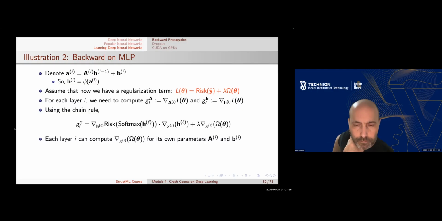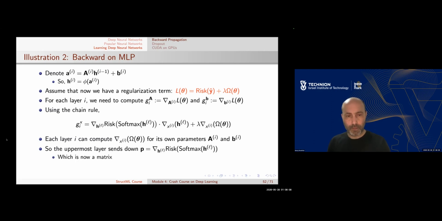Regarding the regularization, it doesn't involve the outputs of other layers. This is something that we can compute directly in each layer or once outside it, because for every parameter we fix the other parameters and just compute the risk function and the regularization term. So the regularization we will ignore it.